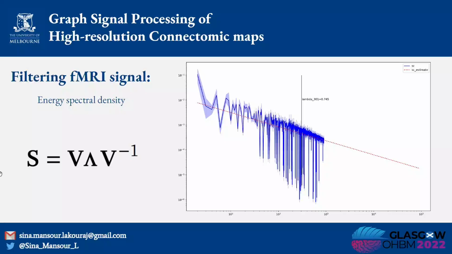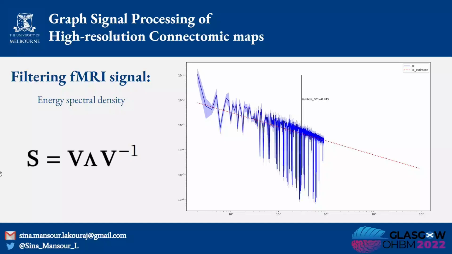Now, another thing that we did was kind of interesting. We first took the signal from the spatial domain, transformed it to the graph signal domain, and observed the energy distribution of the signal. When we go to the high resolution, we have about 90,000 different nodes, so we get 90,000 different components.